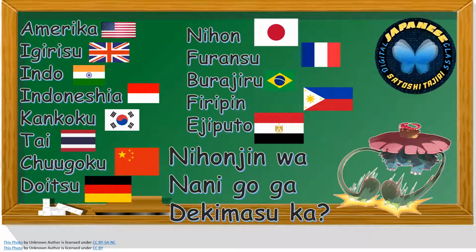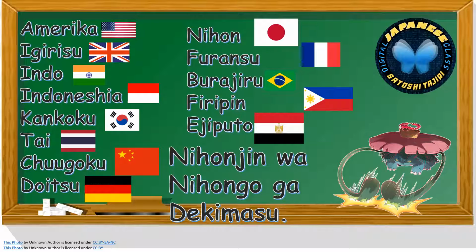So how do we make the answer? Just change nani go to the language. It becomes nihongo ga dekimasu. Nihonjin wa nihongo, then we drop ka because it's no longer a question. So we have Nihonjin wa nihongo ga dekimasu. Japanese can speak Japanese.